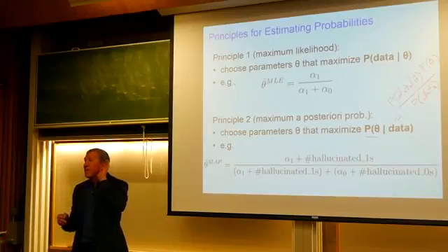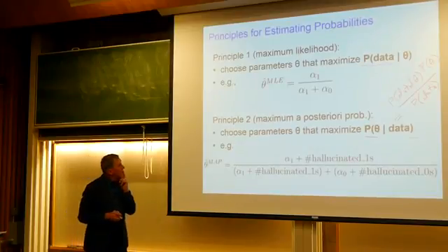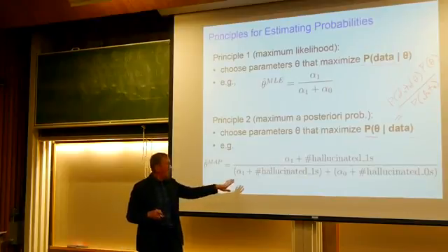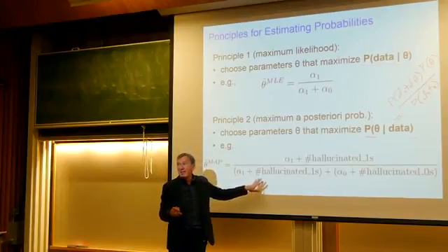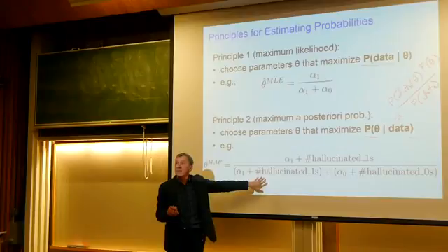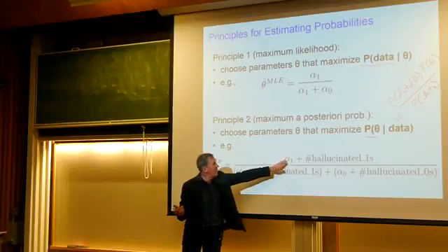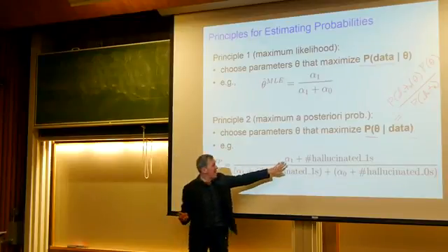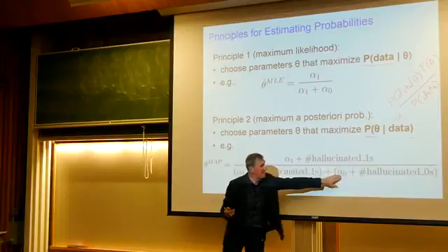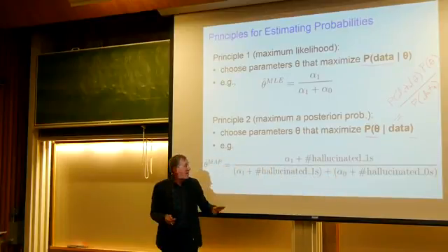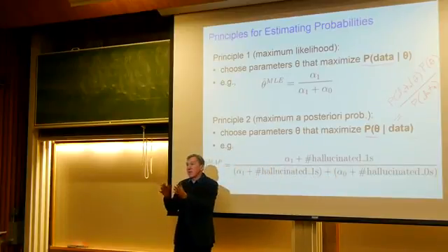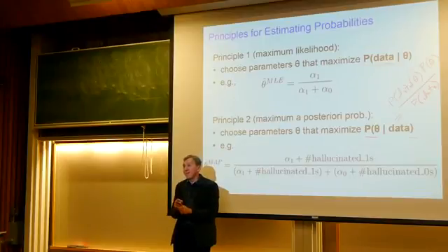Which one's better? If you have very good priors, then I will usually go with this one. Because as we said, as the volume of observed data grows, as the counts for the number of observed heads and observed tails grows, then the hallucinated data will just not matter in the limit.